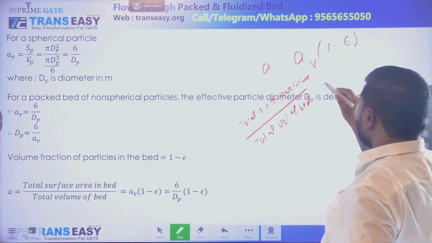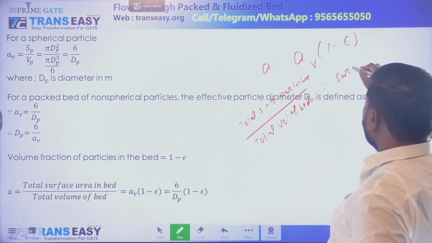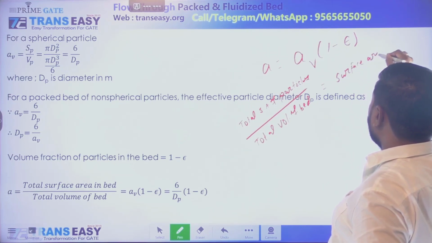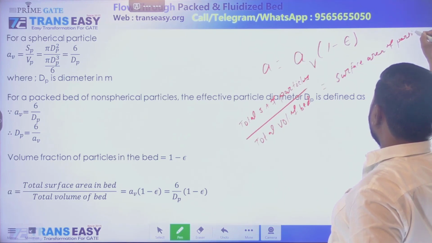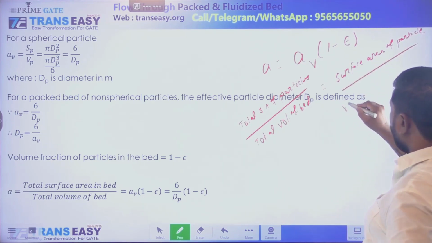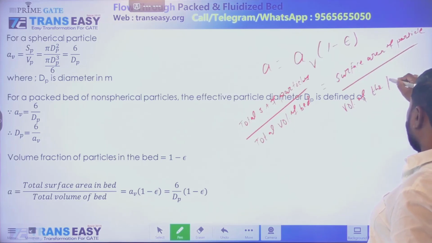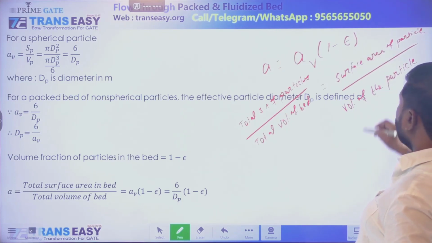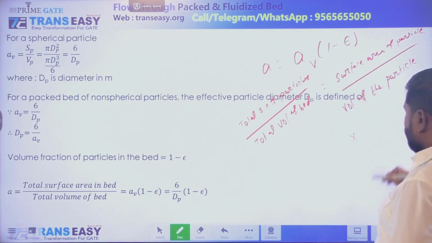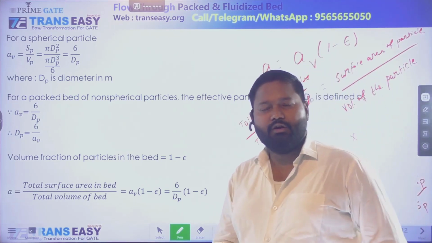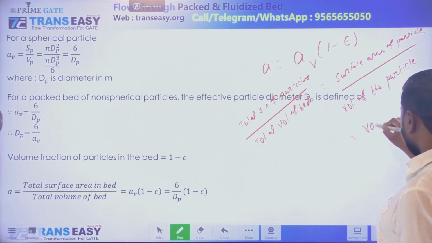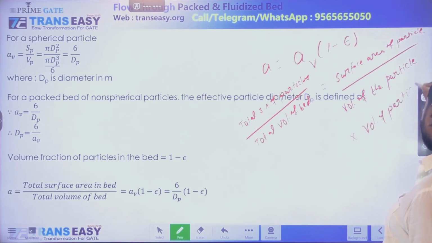This is A. AV is the surface area of the particle upon the volume of the particle, एक पार्टिकल की वॉल्यूम और एक पार्टिकल की सरफेस एरिया. एंड 1 माइनस एप्सिलॉन ऑलरेडी हमने डिफाइन कर दिया था ना. This is the volume fraction of solid particles: volume of particles upon total volume of bed, right?